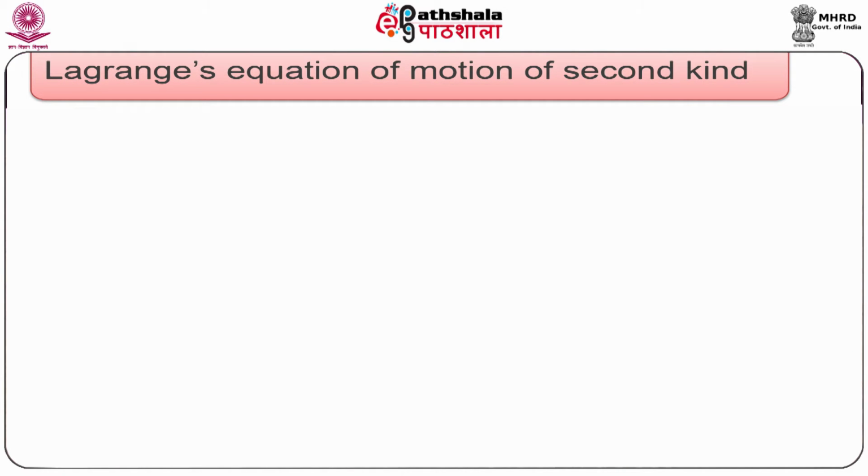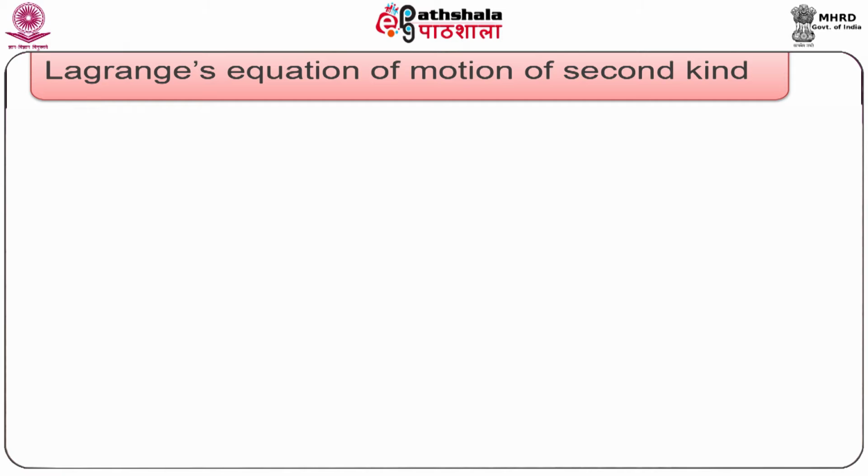In the previous chapter, that is in chapter 2, we have discussed in detail Lagrange's equation of motion of first kind and found that this equation is a coupled equation. As a result, the solution of such an equation is very complicated in nature, so it is of little help.